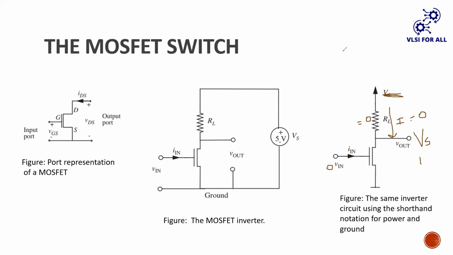Across a short circuit, the voltage is 0. We are measuring the output voltage at the drain terminal only, which is acting like a closed switch, on switch. So output will be 0 volts. Whenever our input voltage is 1, output is 0, because this acts like a closed switch. Then you will get 0 volts only across a short circuit. Hence, I can conclude that this circuit behaves like a MOSFET inverter.